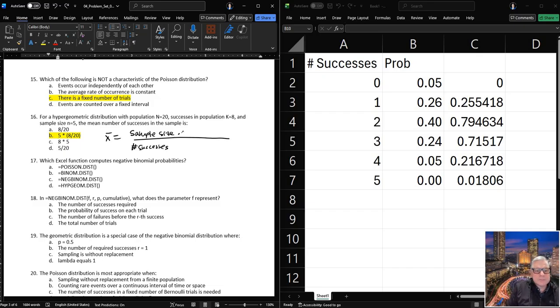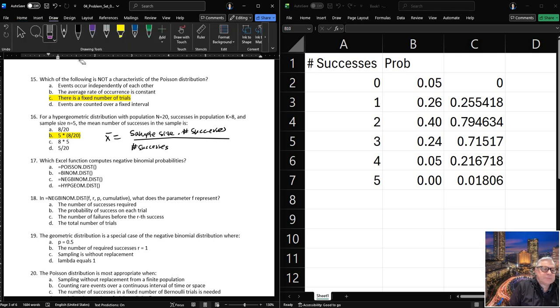Hold on. So the sample size times the number of successes over the total elements in bowl. Okay, so our sample size is 5 times 8, 40 over the total number of elements, 20, that was the 2.